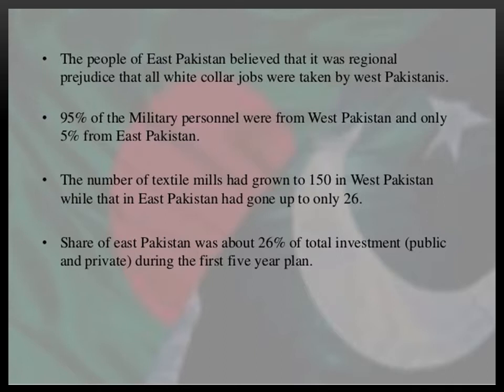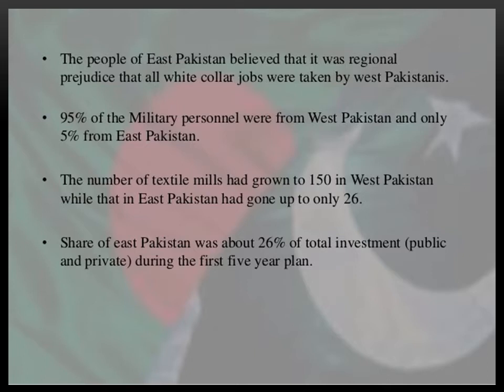Between 1949 and 1960, the per capita income in West Pakistan increased from 330 rupees to 373 rupees. I'm talking about West Pakistan, where it increased from 330 to 373 rupees. And in East Pakistan, it declined. Instead of increasing, it declined from 305 rupees to 288.